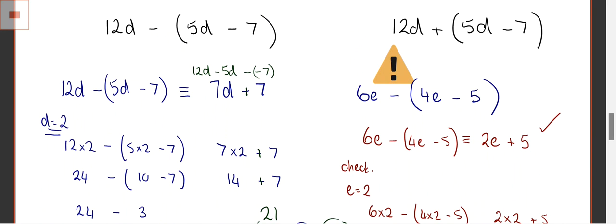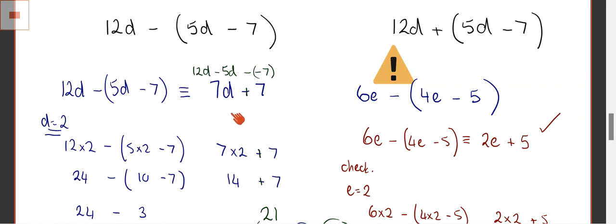Initially it looked the same. 12d's subtract 5d's is 7d. But we don't just have minus 7 on the end. Why is it plus 7? Because it's subtracting a negative, which is the same as adding a positive.